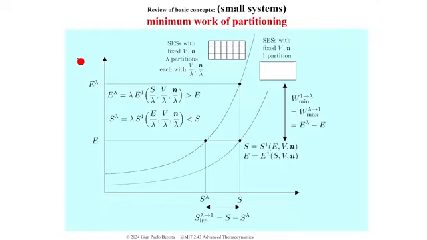So now let's go back to this issue of partitioning a system, a small system, so a few particles, and we want to see if there is a cost in dividing the system, which is in a stable equilibrium state, in this one, and producing another stable equilibrium state of a system with lambda partitions, in each of which there is the same amount, the same volume, and also the same entropy, and the overall entropy must be the same.